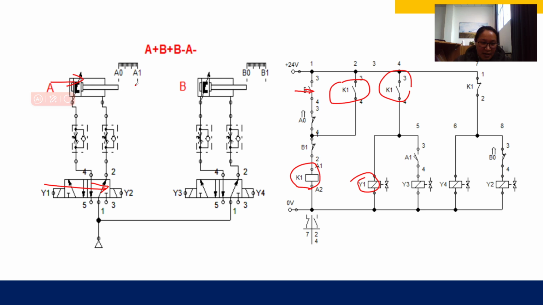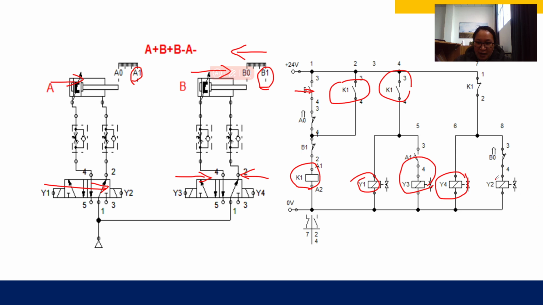After piston A arrives at A1, Y3 will work. That means the valve will move like this. Then the piston B will move from B0 to B1. After piston B arrives at B1, Y4 will work. Then the valve will move like this, and piston B will move from B1 to B0.